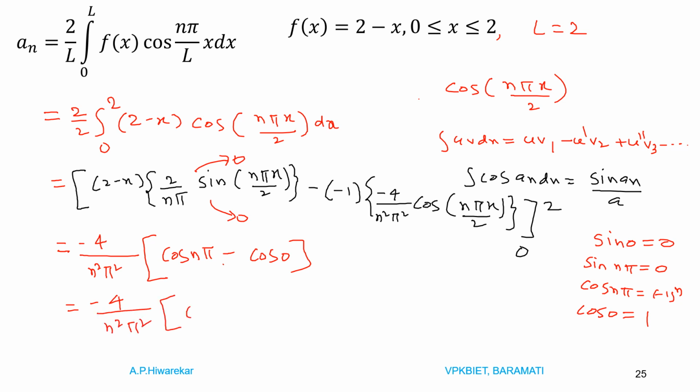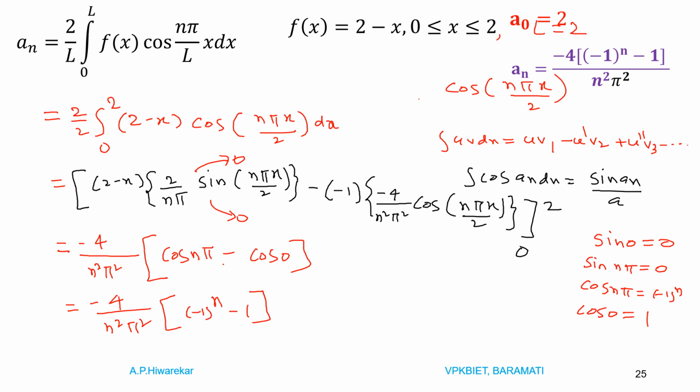Further if you simplify, it gives minus 1 power n minus 1, and if you want you can write it by removing minus n, otherwise you can keep it like this. So the value of an is minus 4 by n square pi square into minus 1 power n minus 1.